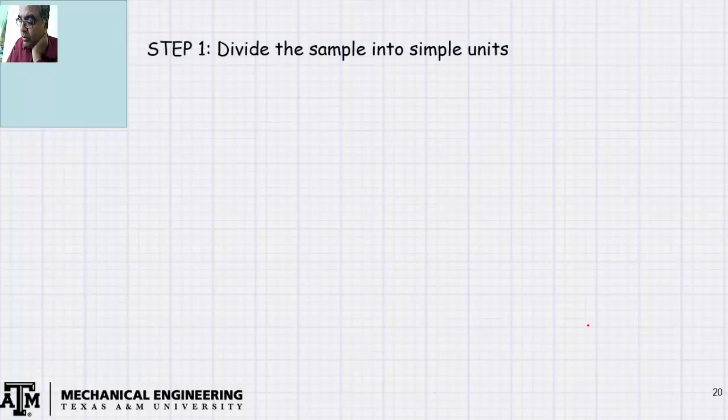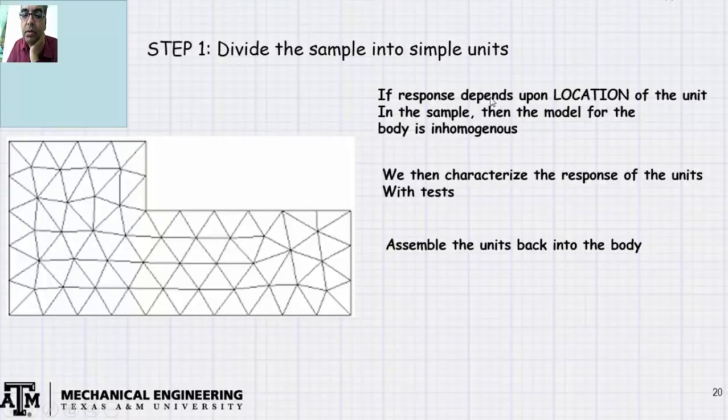So let's look at how this works. I have the structure, the bracket. You can see I have divided it into pieces. Each piece is supposed to have a simple response. So this is a piece, and this is another piece.